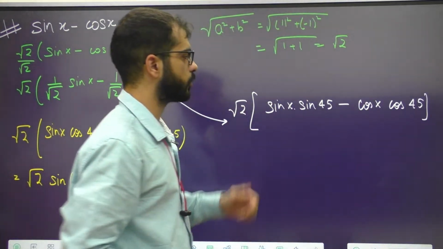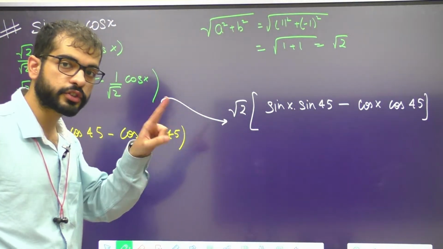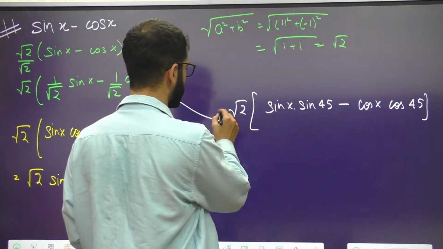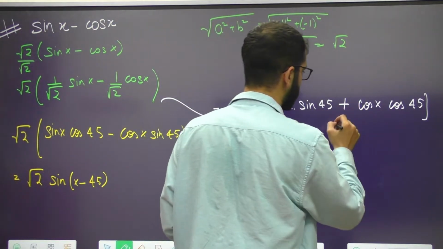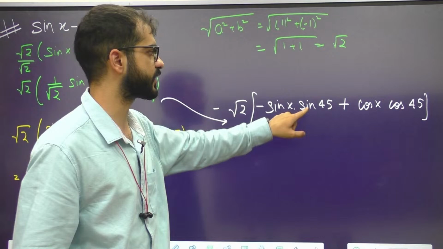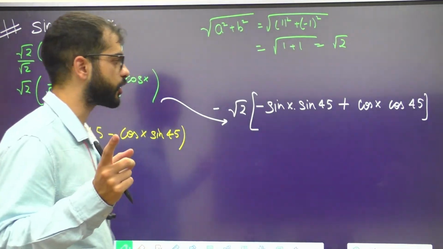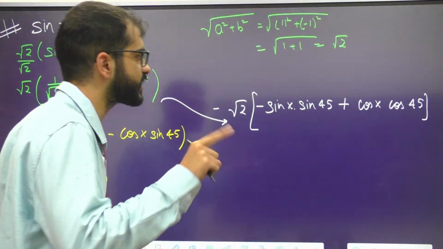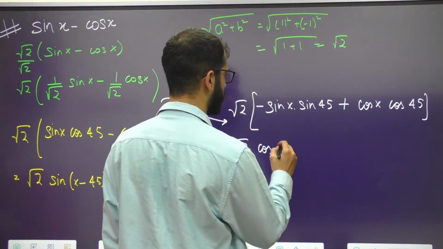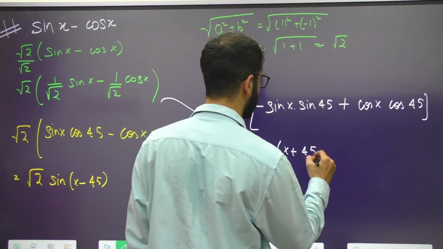As we remember, the formula contains cos minus sin. So I have to take a negative term outside common. This will become minus and this will become plus. So now the formula is cos x cos 45 minus sin x sin 45, which can be reduced to cos of x plus 45. So it will be minus of root 2 cos of x plus 45.